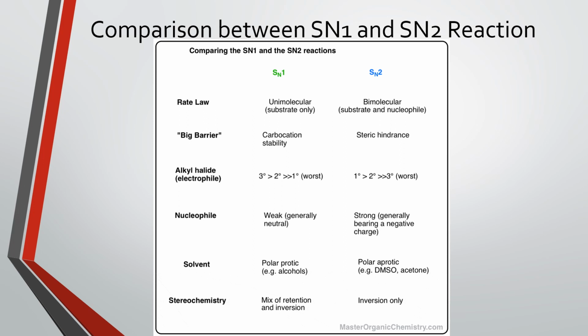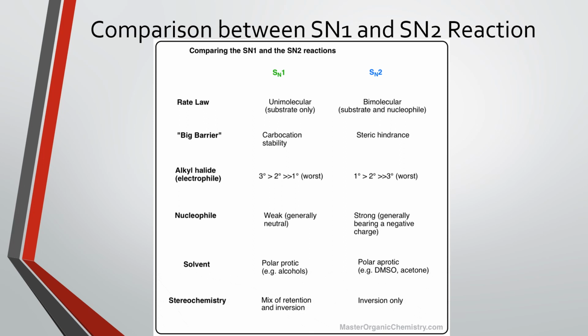Now comparison between SN1 and SN2 reactions. As we have seen, the SN1 mechanism is a unimolecular reaction and the SN2 mechanism is a bimolecular reaction. By unimolecular we understand that the rate of reaction depends upon the substrate only, that is the alkyl halide only. That's why it is unimolecular.